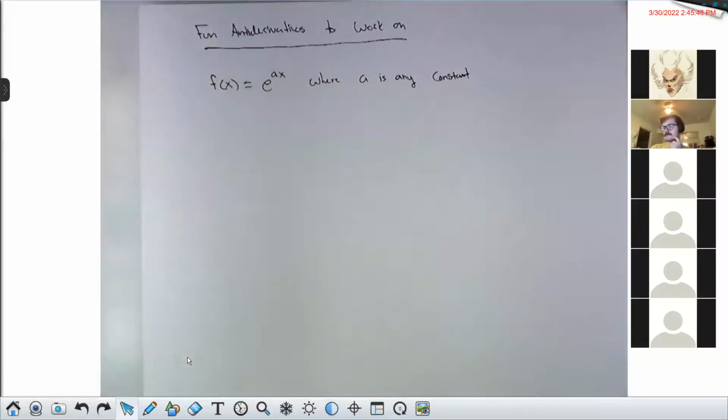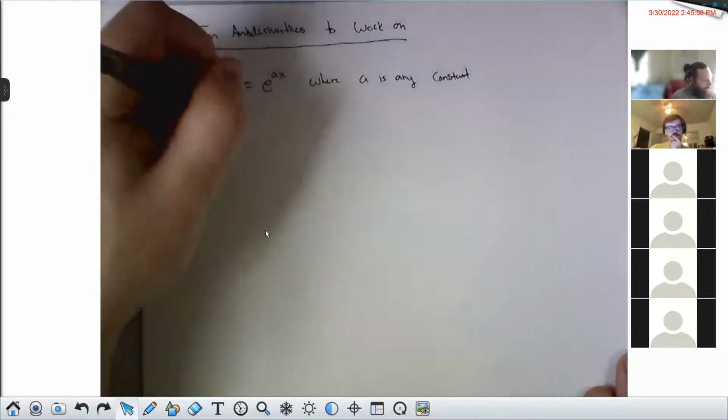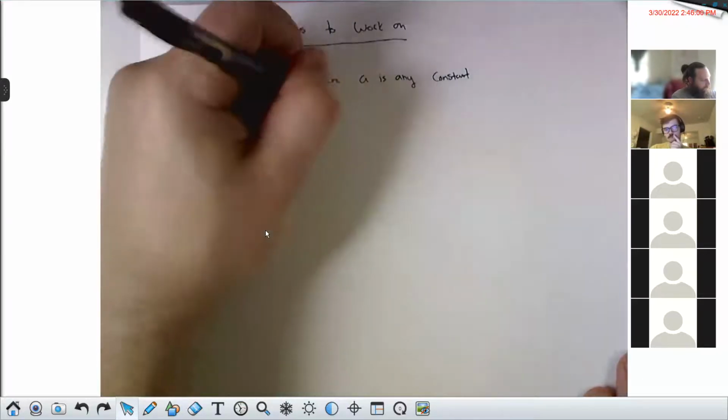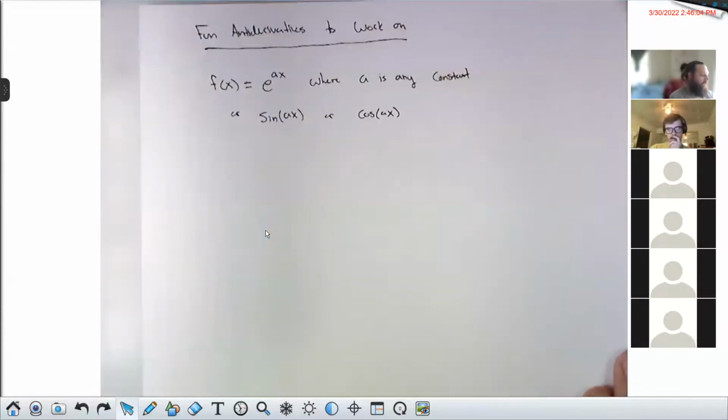Can we find an antiderivative for a slightly modified exponential like e to the ax? Or sine of ax? Or cosine of ax? Right, take any of those transcendental functions that we know the antiderivative of and just put a little constant inside.